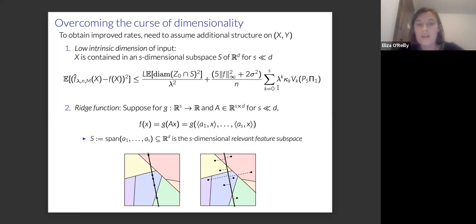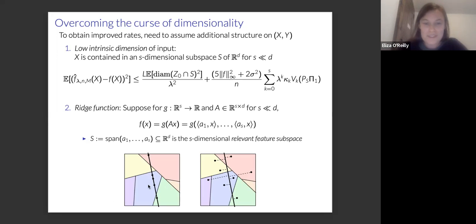We're going to call this low dimensional subspace that our function depends on the relevant feature subspace. These images are just trying to give an idea of why these two scenarios are different and why the second one is a bit more difficult.